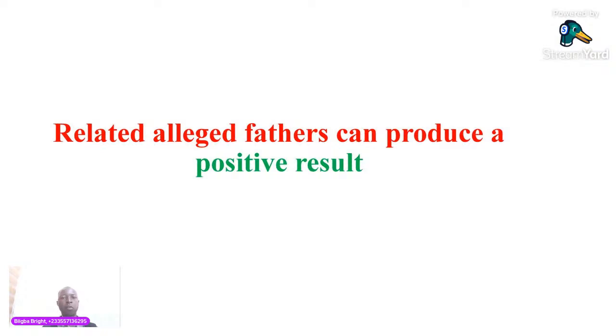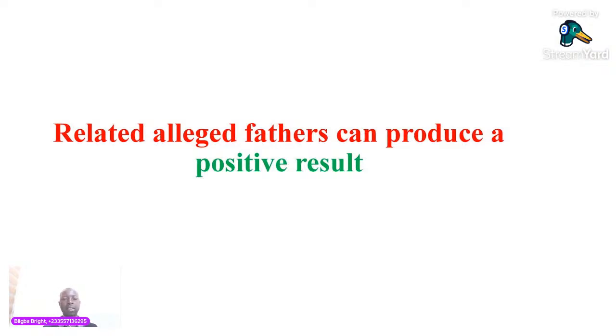If the mother points to someone who is closely related to the father, then the result is likely to look similar or to be the same. This is mostly when there's a close relationship, people from the same father and the same mother. Let's say it is the elder brother who impregnated the woman, but the mother pointed to the junior brother. So you can likely have that kind of result.